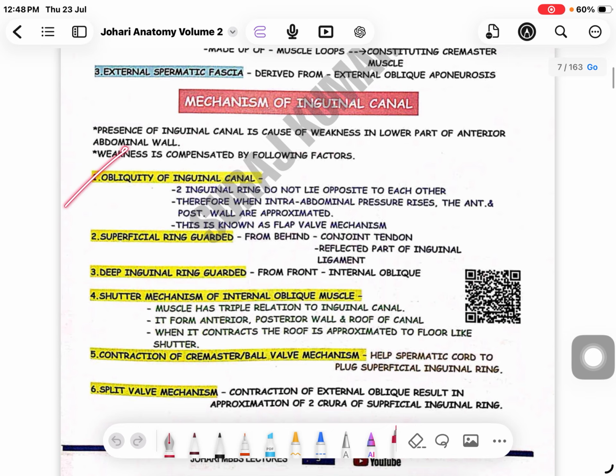We have flap wall mechanism, we have superficial ring guarded, we have deep ring guarded, and we have shutter mechanism for internal oblique muscle, because the roof and the floor are guarded because it has three relations with it. Then we have contraction of the cremaster, ball wall mechanism, and split wall mechanism.